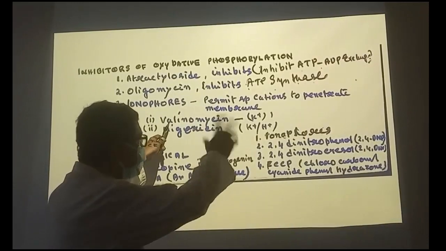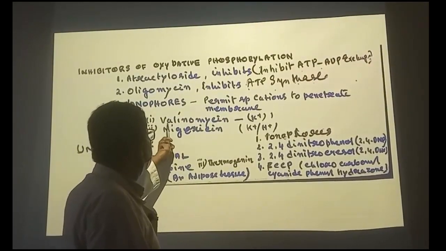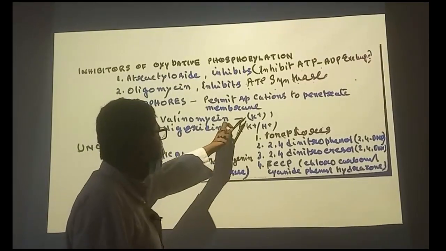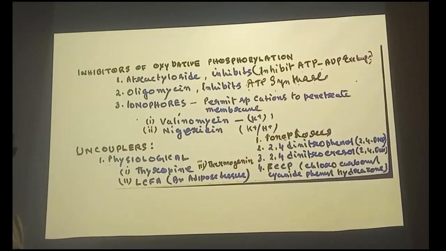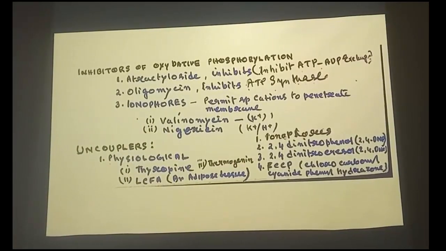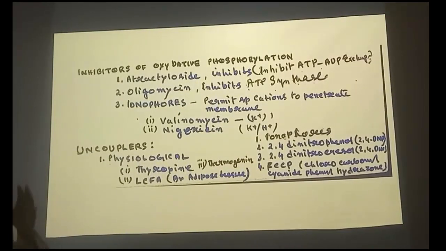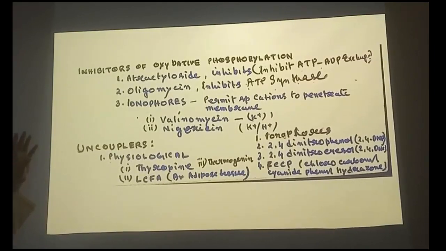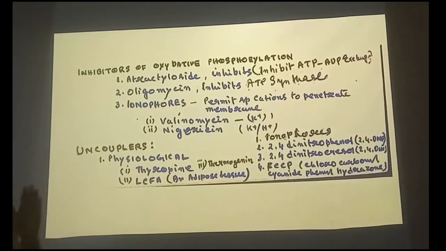I will go through in detail later how they actually work. Valinomycin, another antibiotic, and nigericin, another antibiotic, block the transport of particular ions, potassium and potassium-hydrogen. So these are the inhibitors as such. That means when they are utilized, oxidative phosphorylation is stopped.